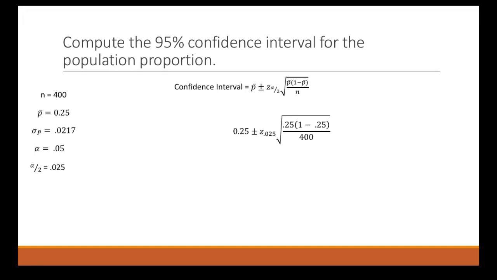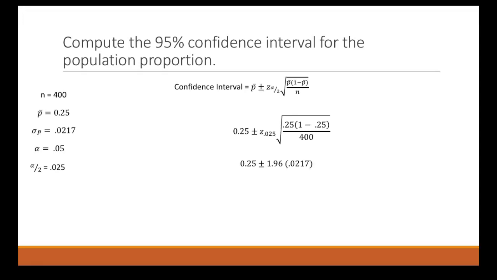That z-score, we're going to be looking up 0.025 in the table, in our z-score table. We're looking for 0.025 within all of the areas. And we find that the z-score that corresponds with that is 1.96.